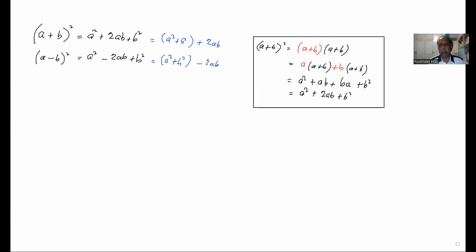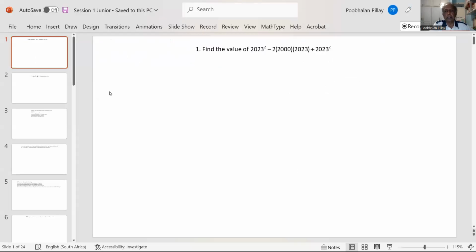So let us now look at what that problem is. The first problem is, what is 2023 squared minus 2 times 2000 times 2023 plus 2023 squared? Oh, sorry, it's supposed to be plus 2000 squared.